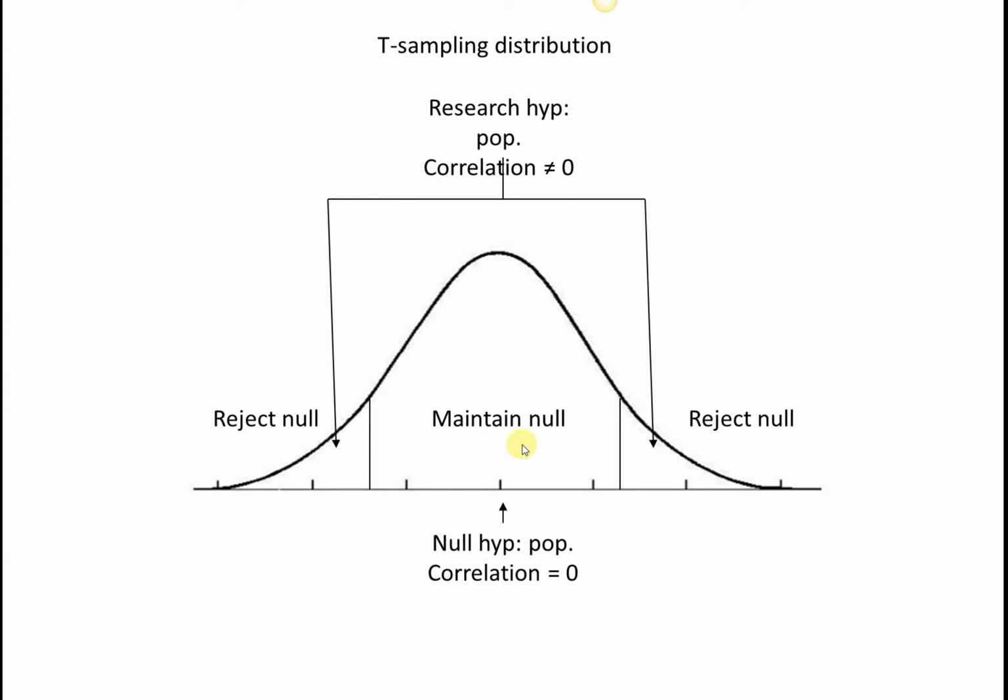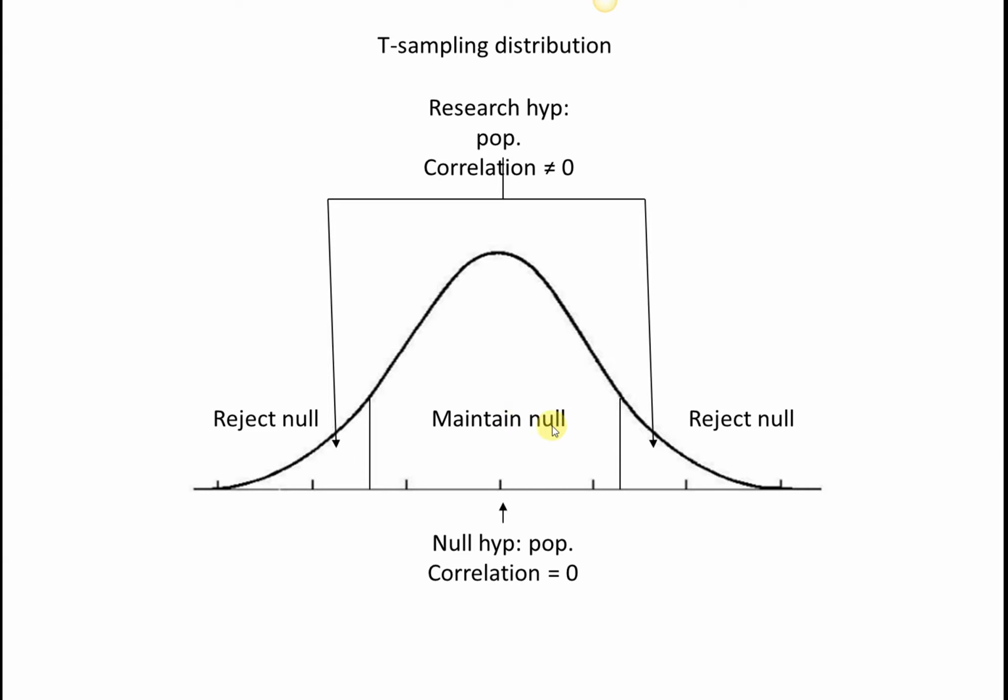If the correlation we observe in our sample data puts us in this region right here, then we essentially will infer that the population correlation is equal to 0. In other words, we would maintain the null hypothesis. What we're doing with this distribution is taking into account the role of sampling error with respect to the correlation that we compute from our data.